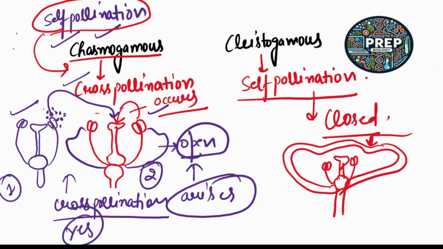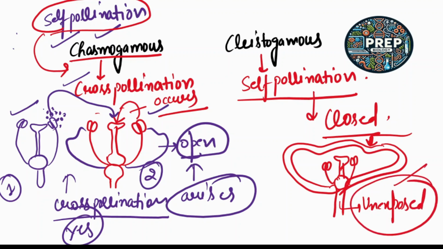Okay, that's why in the clistogamous flower self pollination occurs, because the reproductive organs are unexposed. The flowers are closed in nature. I hope this point is clear to you all.